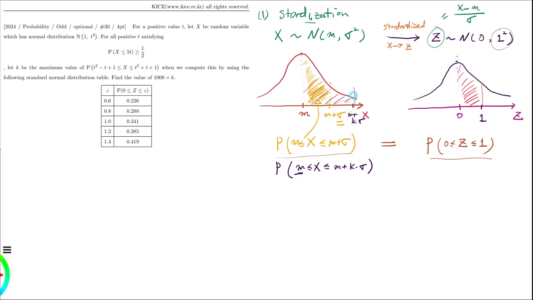This area, you can generalize it here. It actually corresponds to the area for the standardized random variable z having value between 0 and k. They are the same as the probability or the area value. Okay.